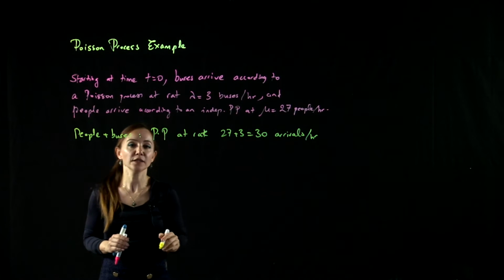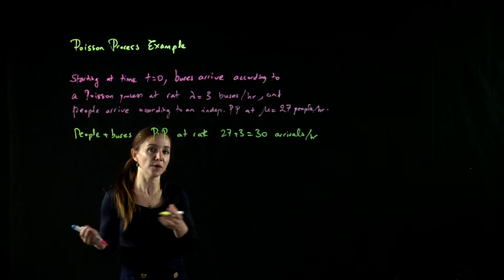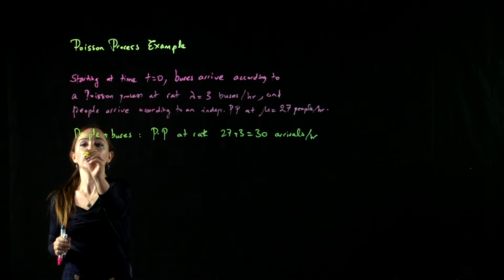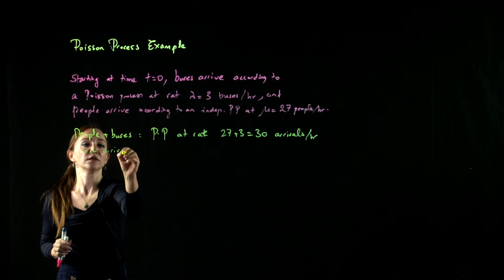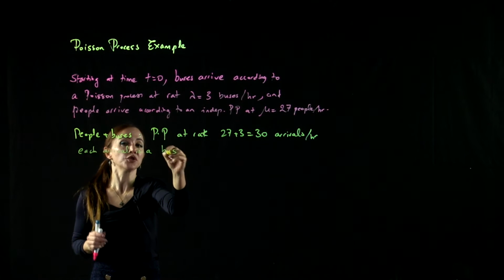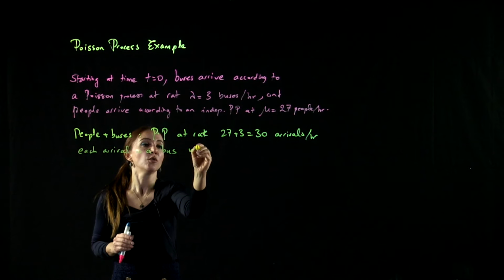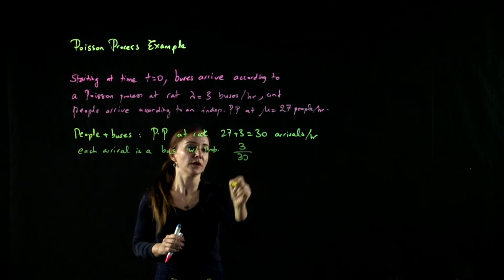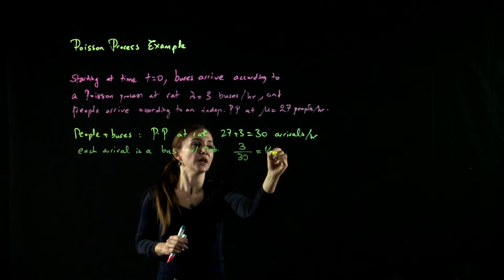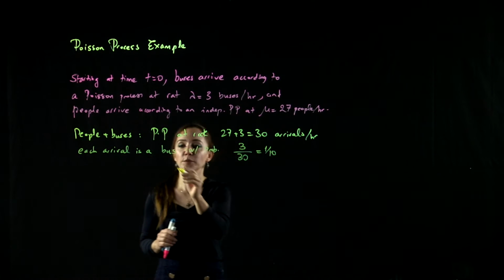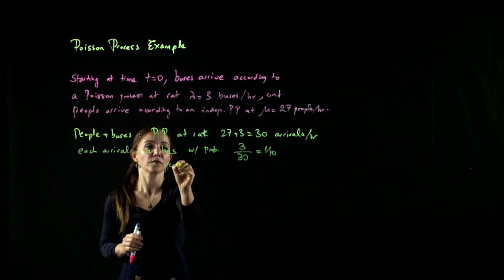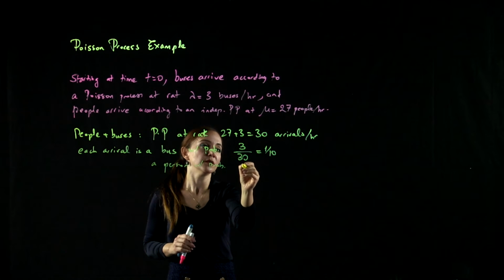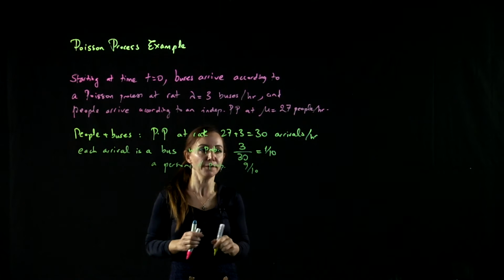And one other thing to notice from the theorems that we proved in the previous two lectures is that each arrival to this joint process is a bus with probability 3 out of 30, 1 over 10, and a person with probability 9 over 10.